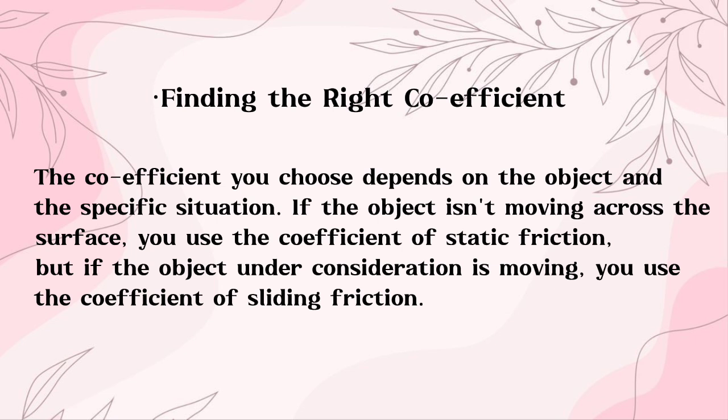The type of materials used also affects the coefficient. For example, if a block is on a brick surface, the coefficient would be 0.6. But if it were on a block of clean wood, it would range from 0.25 to 0.5.